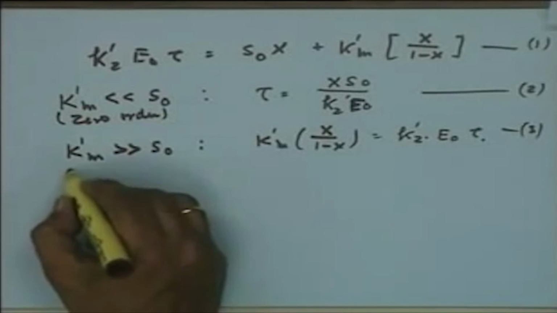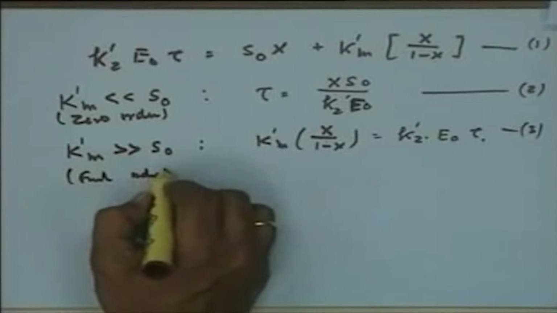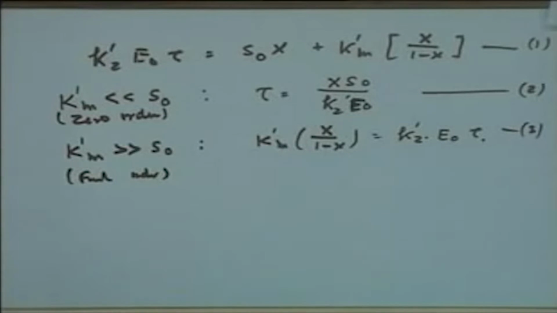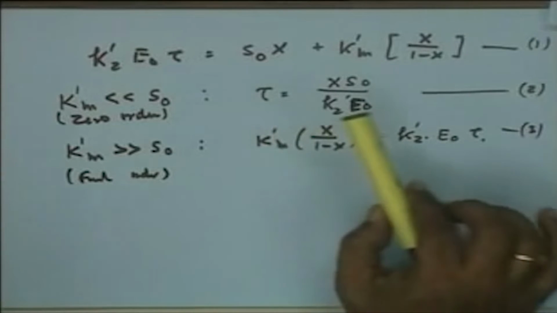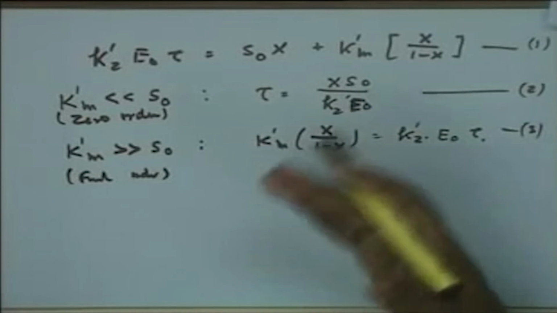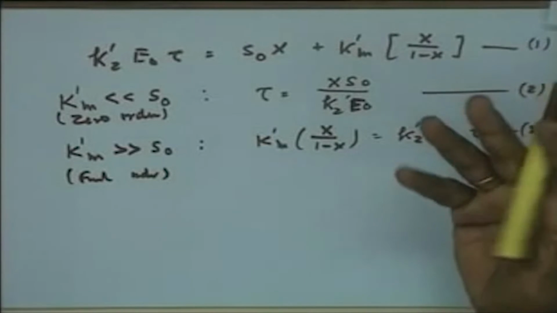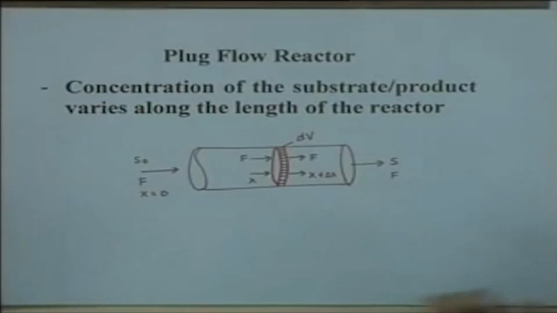Now, you notice that the expressions are very simple, and if you have the data available for any reactor performance for S0 fractional conversion required, you can determine the volume of the reactor required or the feed rate required depending on the tau, and one can make computation to define the reactor performance under given conditions.